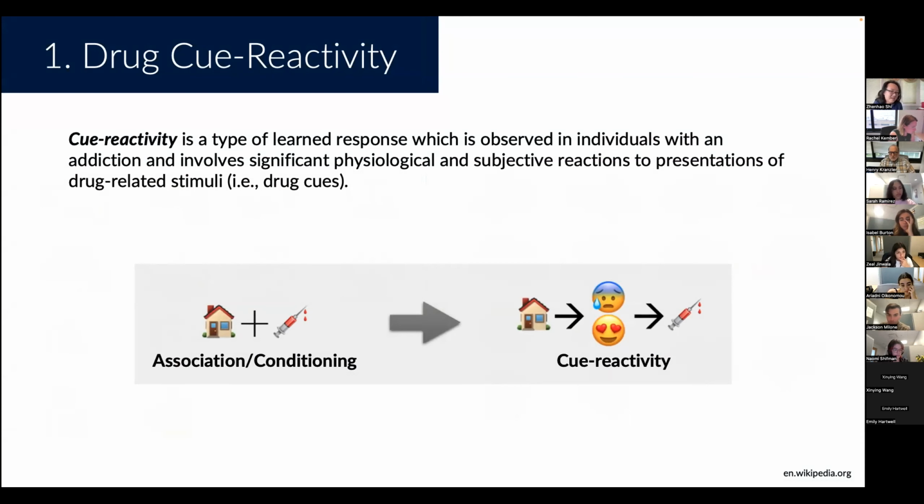So the idea is that an originally neutral stimulus can become a conditional response to drug after that stimulus has been repeatedly associated with drug use. And once this association is established, exposure to this kind of stimulus can trigger conditional responses like craving or withdrawal, which in turn can trigger drug use or relapse.